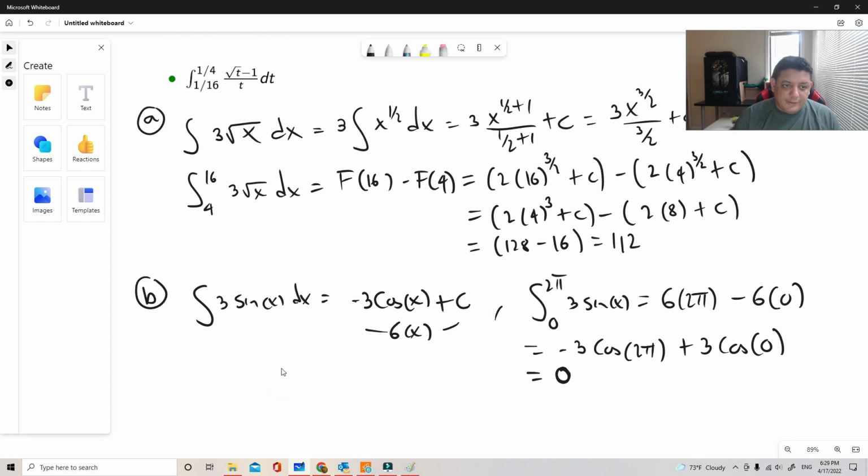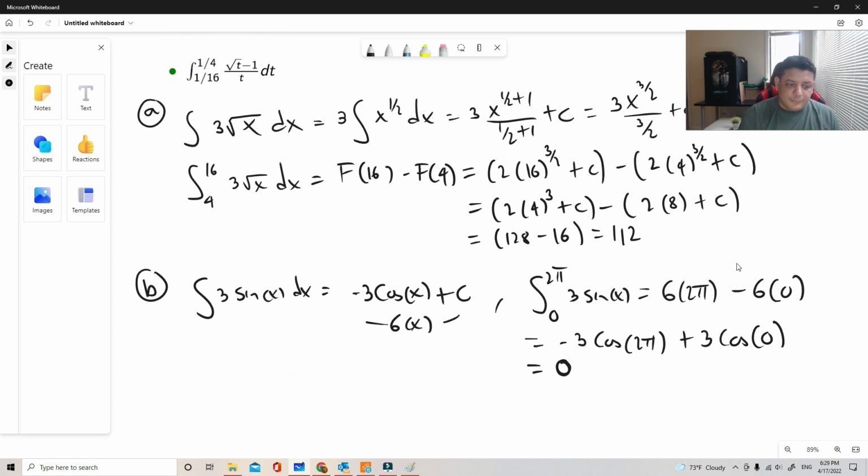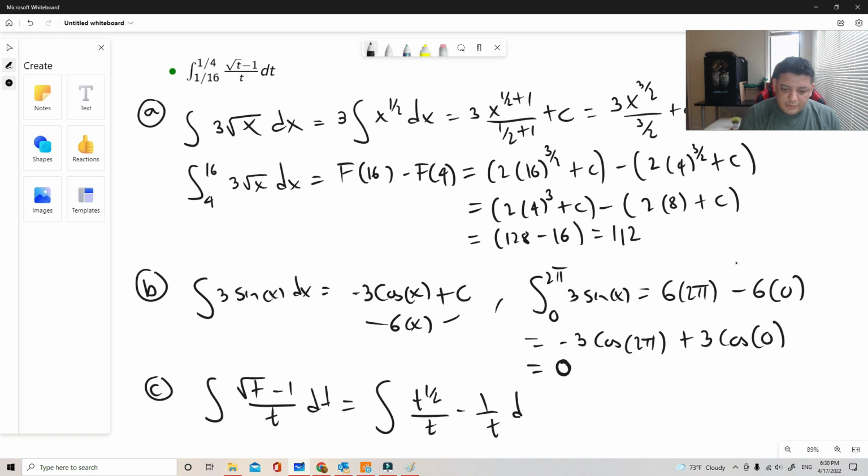And now for the last example, we have the integral of square root of t minus 1 divided by t dt. Doing the antiderivative of this is equivalent to doing t to the 1/2 divided by t minus 1 over t dt. And this can translate to t to the minus 1/2 minus 1 over t dt.